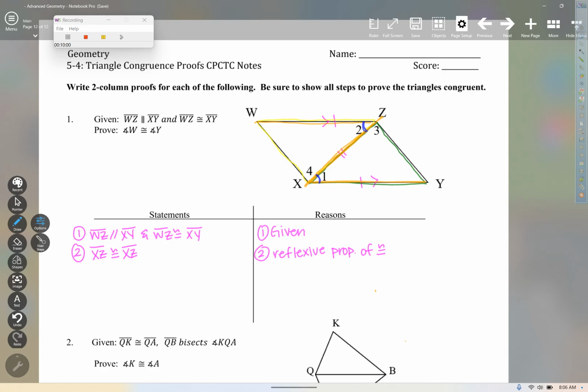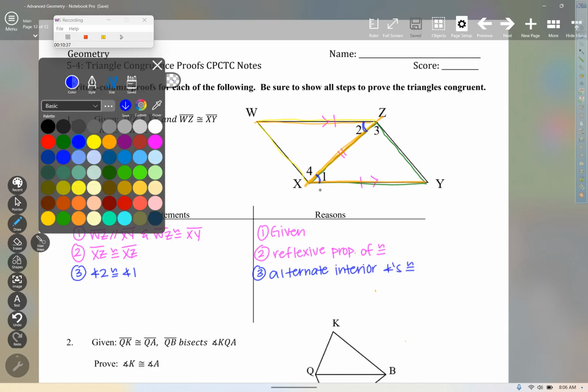And if you mark it, you have to write it. So step 3 is angle 2 is congruent to angle 1 because alternate interior angles are congruent. And we know that when we have parallel lines. So if you see parallel lines, there's a good chance you have alternate interior angles or corresponding angles.